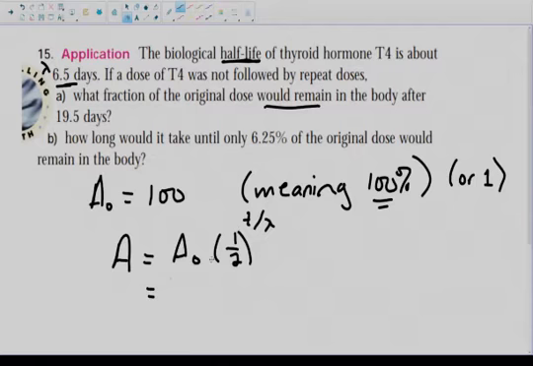And let's start putting the numbers in now. We know we have 100% starting with, sorry, our 1/2. Now our time, and I'll use color here, it says 19.5 days. So that's going to be our T value. And I'm dividing that by our lambda value, I'm going to use red for that, which is 6.5 days.